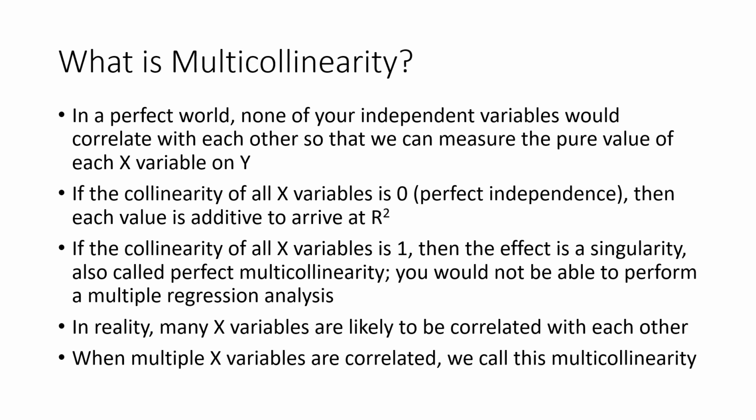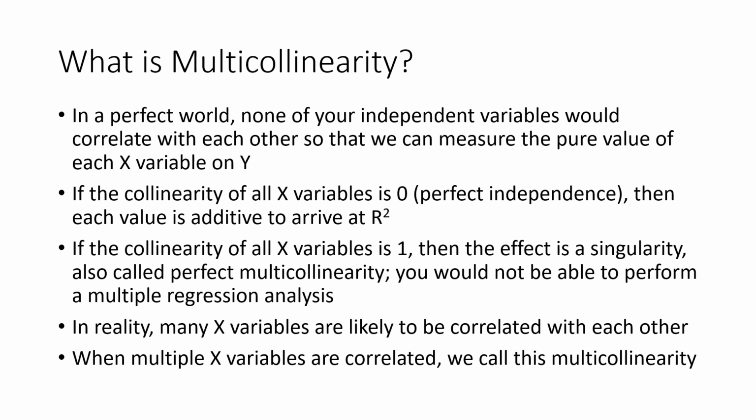In other words, perfect multicollinearity. And when this happens, you're simply not able to perform a regression analysis because a regression analysis assumes that the independent variables are at least somewhat uncorrelated with each other.